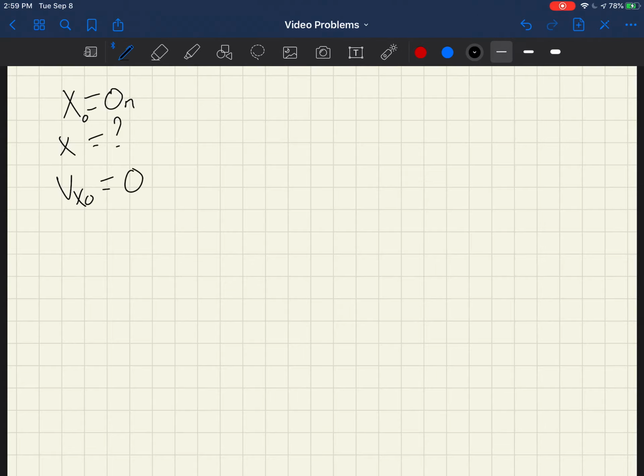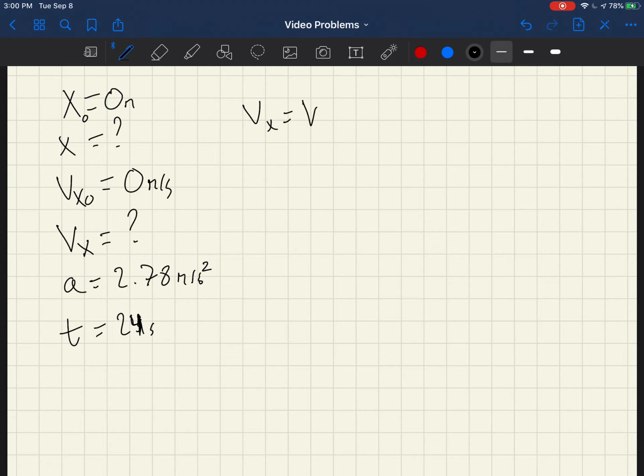We know the initial velocity was 0 meters per second. We don't know the final velocity. That's what we're looking for: how fast is the cop traveling? We know the acceleration was 2.78 meters per second squared, and we know the time is 24 seconds. We're just going to plug into that top equation, which is Vx is equal to Vx0 plus Axt, and we'll solve for Vx and get our answer.